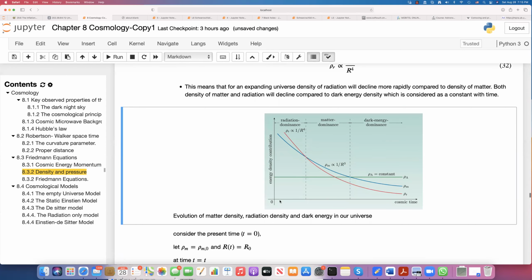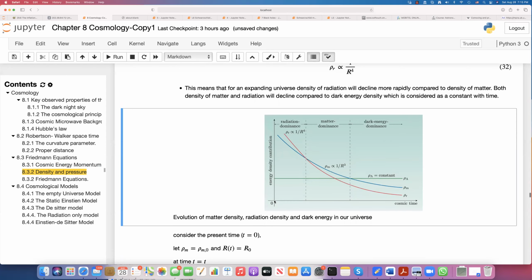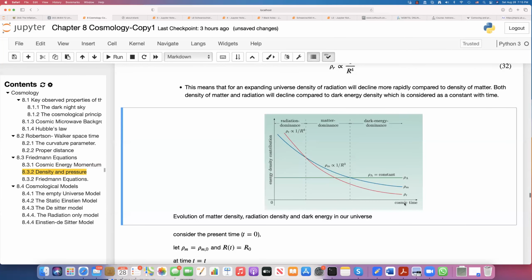So let's say this is the place where the cosmic time started, and you measure up to now. And here is the energy density contribution from all three parts: matter, radiation, and dark energy. And you can see that initially, up to a certain point, let's say if you take this particular dashed line, this red curve is higher than the blue curve.